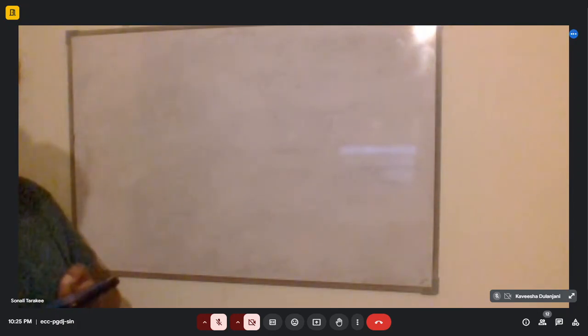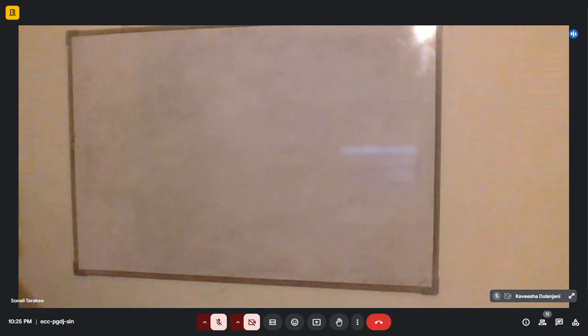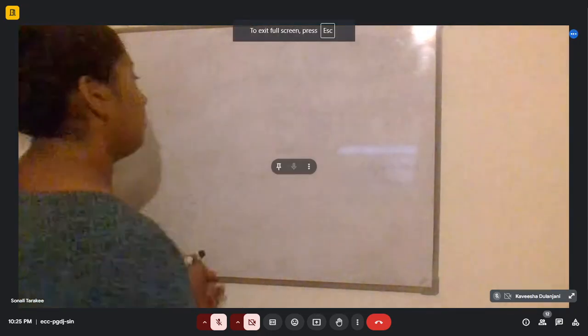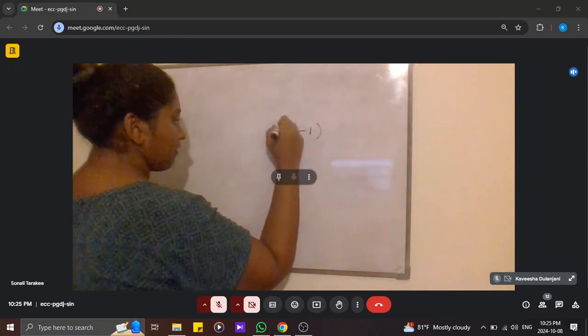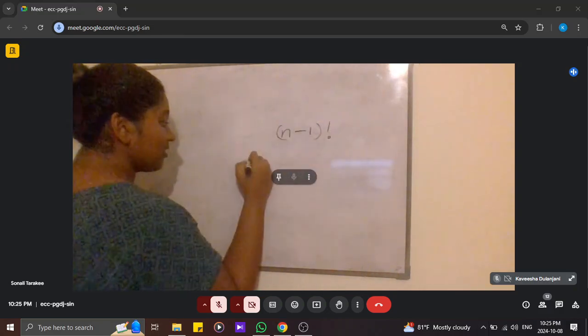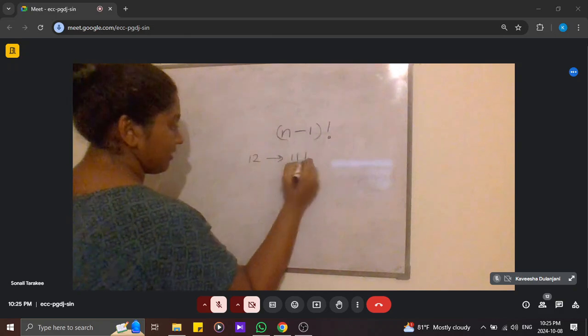Determine how many ways these 12 people can be seated around a round dinner table if the married couple should be seated together. Okay. So this is circular permutation. Circular permutation, the theory is n minus 1 factorial. If there are 12 people, it should be 11 factorial.